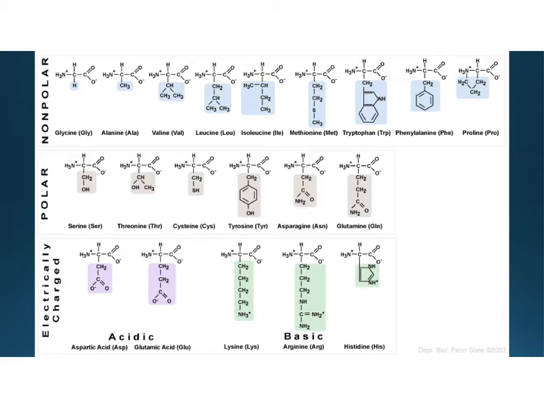If you look here, there are some examples of the amino acids that make up the proteins in your body. Each of these amino acids has the alpha carbon in the middle, the carboxyl group on one side, the amino group on the other, and then the R group, which is the variable group.